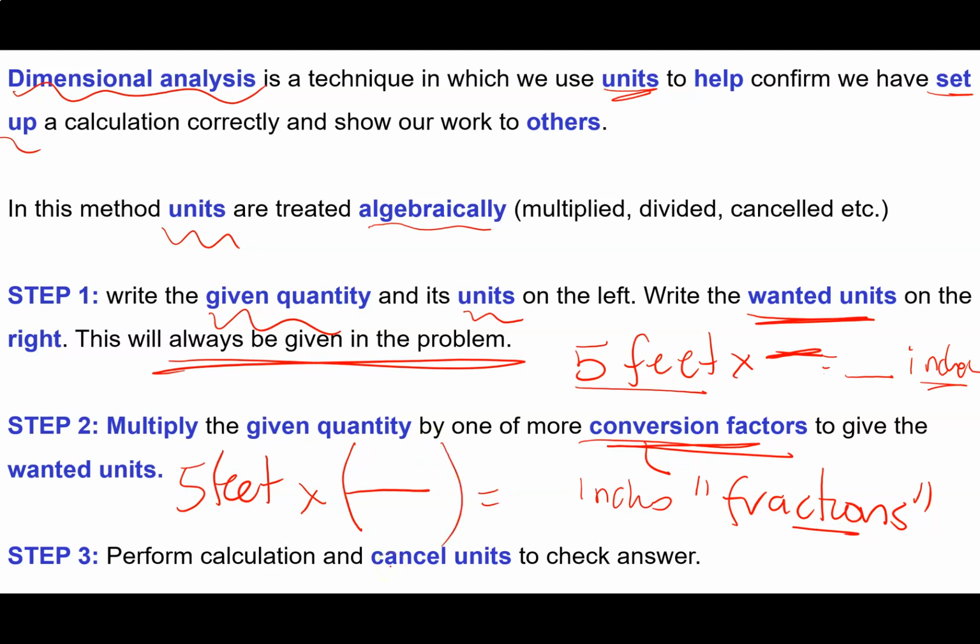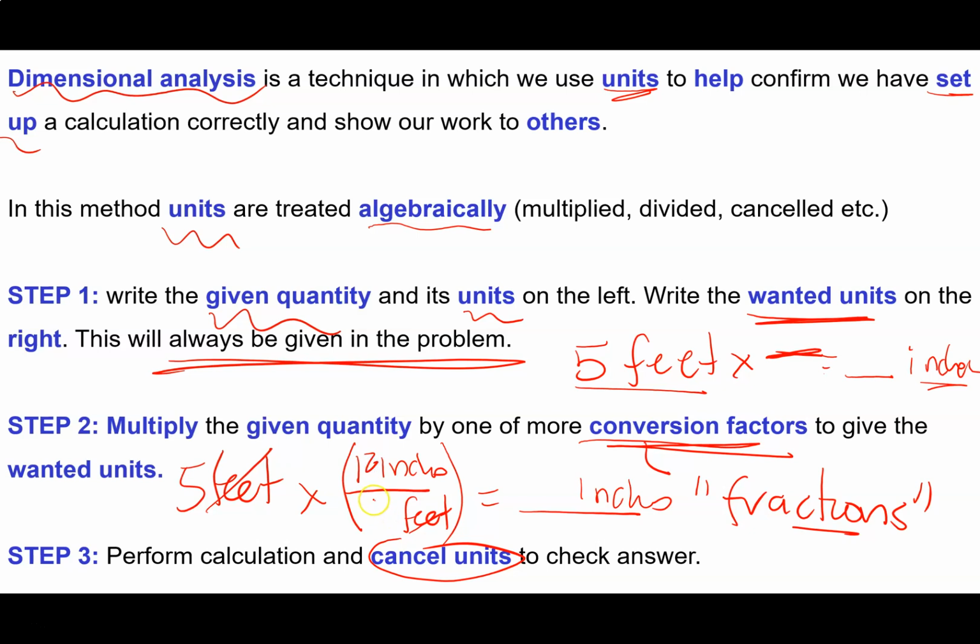Then what's going to happen is I'm going to do my math and cancel my units. The conversion factor that I'm going to put in here is going to have inches on the top and feet on the bottom. In that way, feet will cancel out and it'll leave me with what I want. You probably know what this fraction is going to be.